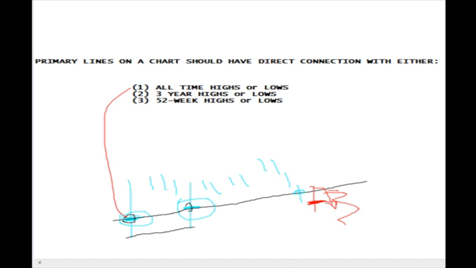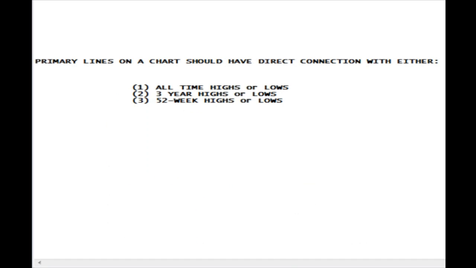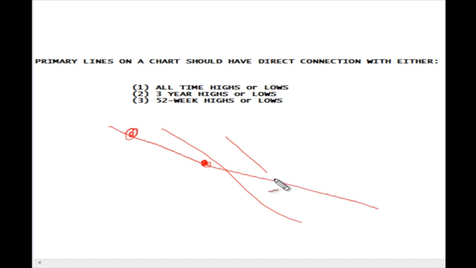Now, which also means, and I'm going to do this just for the highs, let's say you have a high here and then another high there. So let's say you have this as your primary line. But because of the way stocks move, at some point down the road, there might be other lines, maybe a line here, a line there, a line connecting another high. There could be lines connecting these lows and other points.